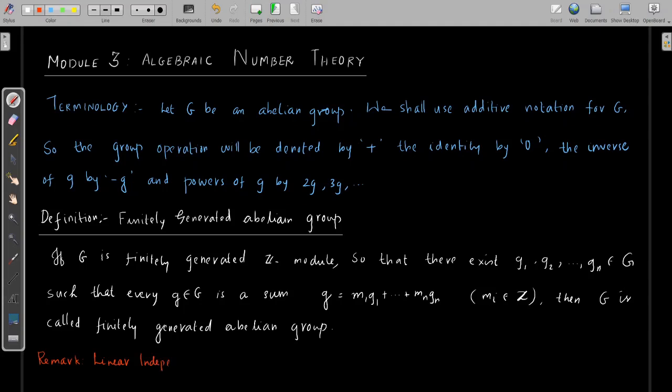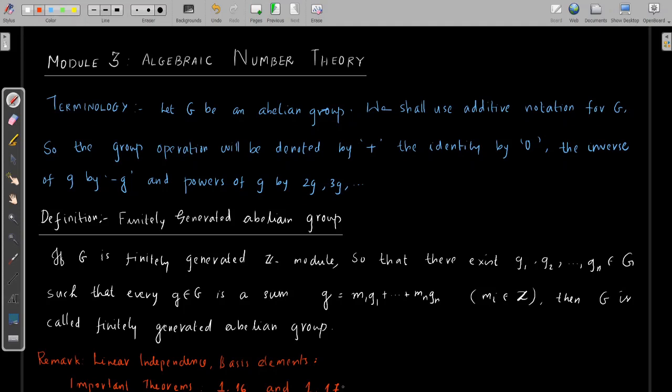If we define G in this manner, you can think of linear independence with respect to this expression, basis elements of this finitely generated abelian group, and some important theorems, theorems 1.16 and 1.17 in chapter 1. These are the things you need to go through in chapter 1.